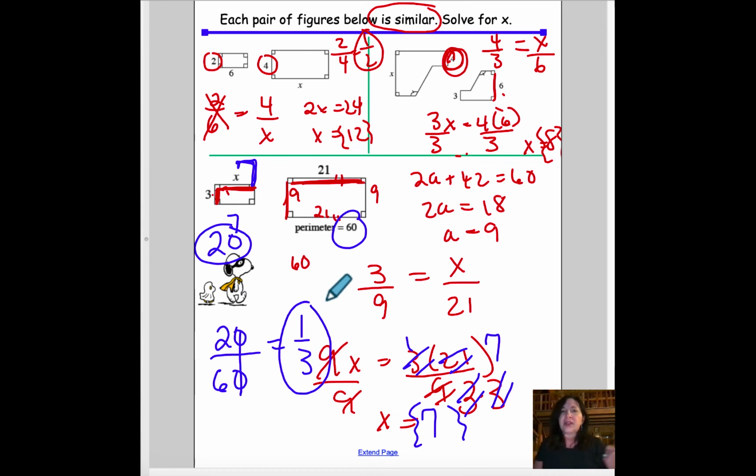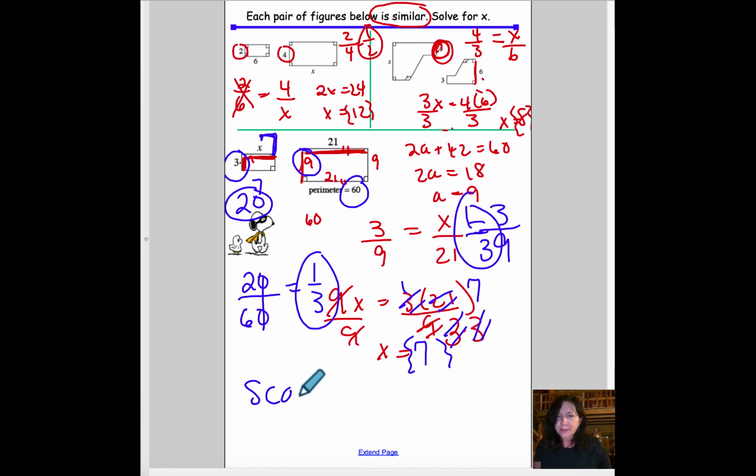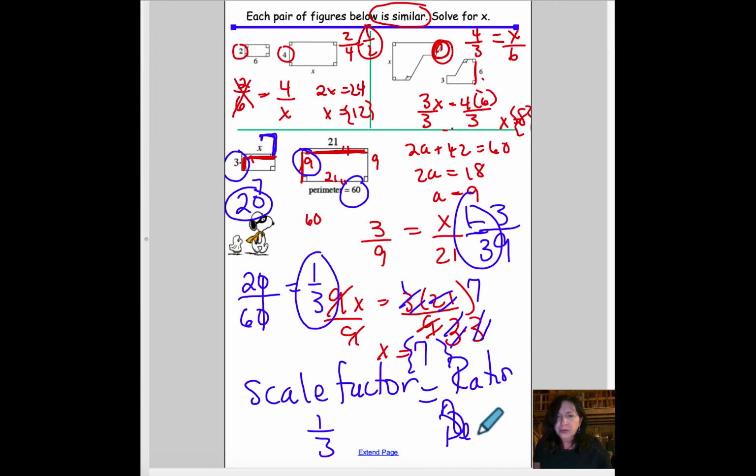Now let's think about this. If my ratio of perimeters is 20 to 60 or 1 to 3, looking at my scale factor, which is 3 to 9, which is 1 to 3, it definitely looks like my scale factor, which is 1/3, is the same thing as the ratio of my perimeters.